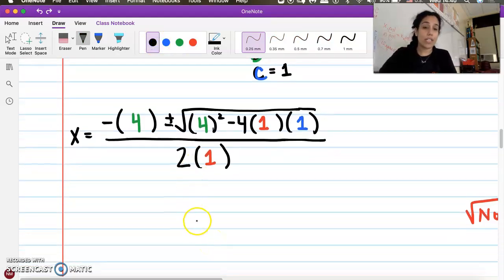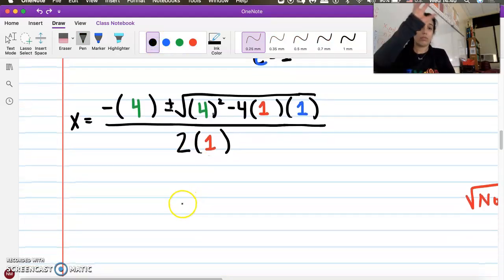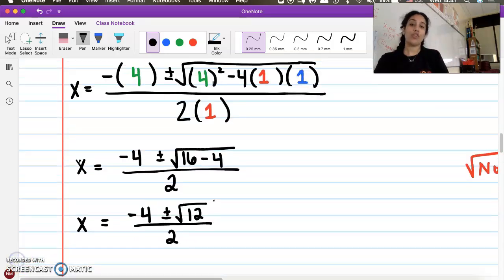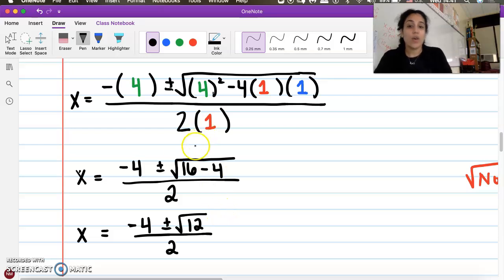And then we simplify from there. So this we've already done. So I'm going to pause and come back. I want you to do this on your own. You should have gotten up until this point, right? Where you got 16 minus 4, and then you got the square root of 12. Now, is 12 a perfect square? No, 12 is not a perfect square.